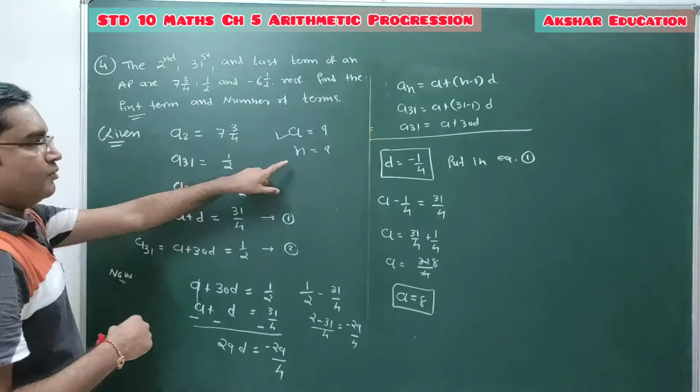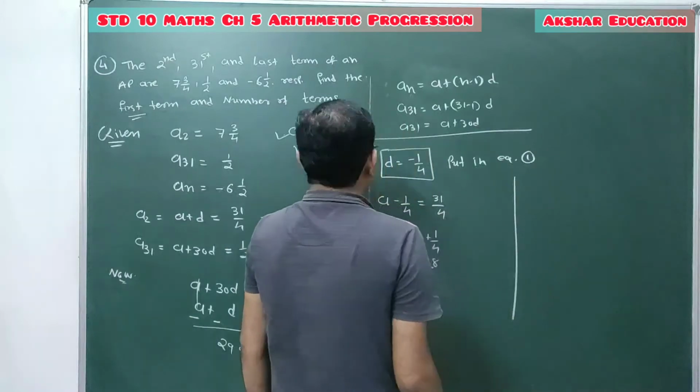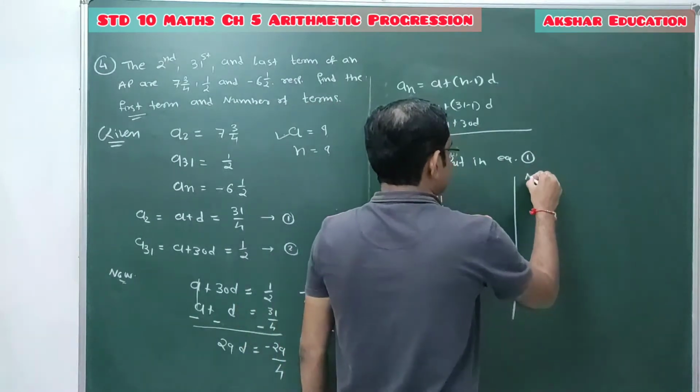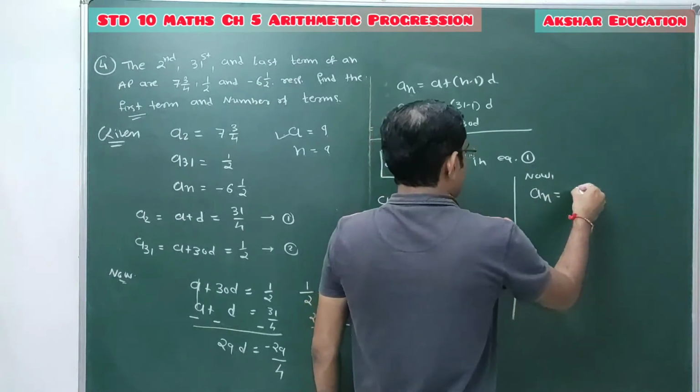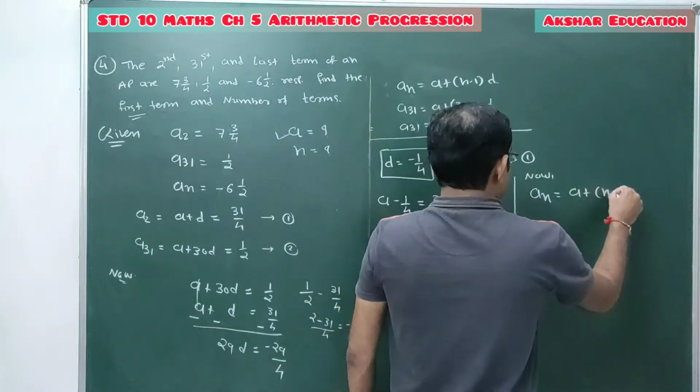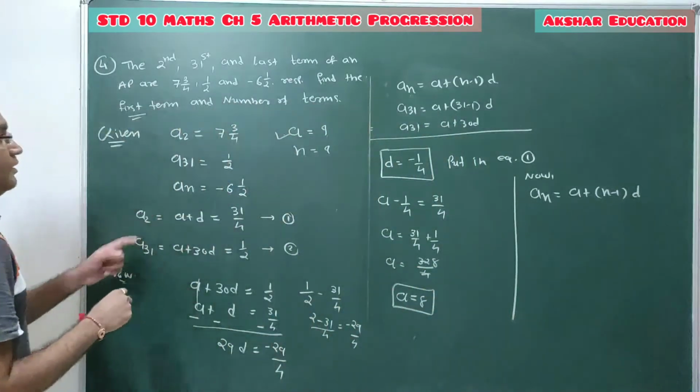Second answer, find the number of terms. Number of terms is n. So how to find n? We use the formula: nth term of an AP, which is an, equal to a plus n minus 1 into d. And we know the nth term of the AP.